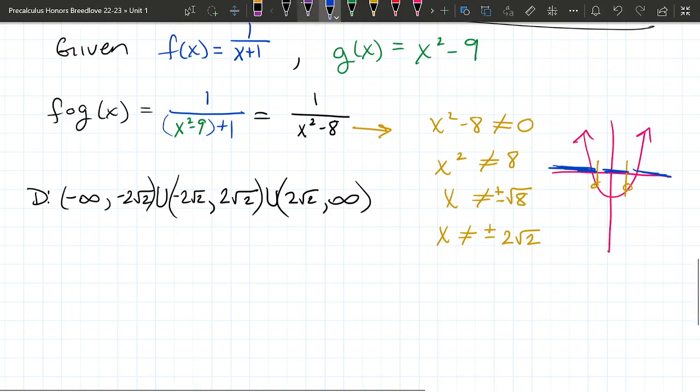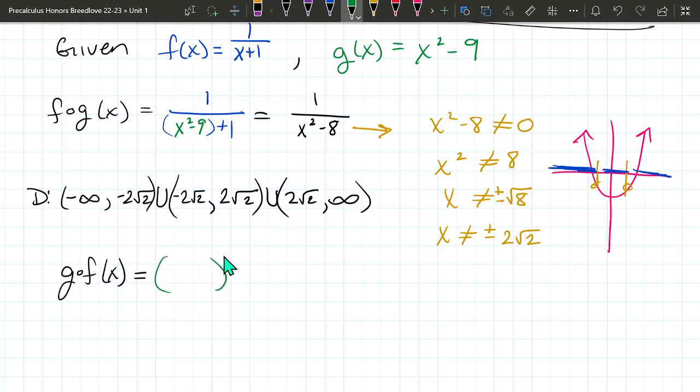All right, so then the last example is doing g of f of the same one. G of f of x. This time we're starting with g, so we have blank squared minus 9. There's the g function with no x.